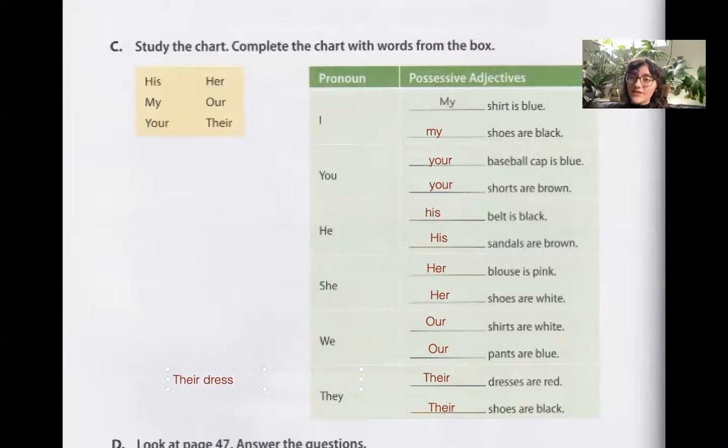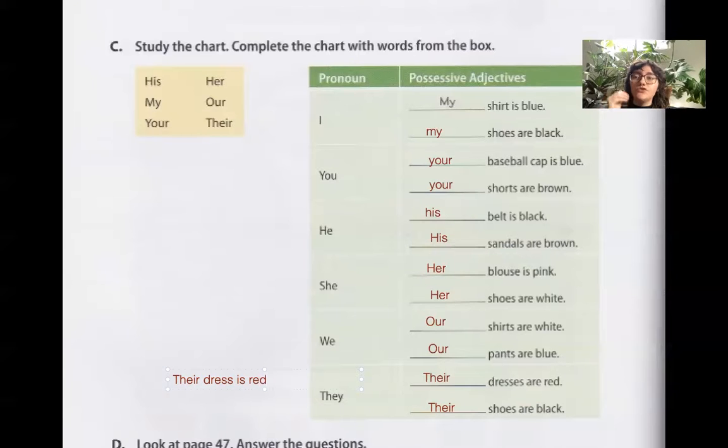And this is the kind of tricky part that might be confusing to you because you learned it one way. We can say their dress is red. So this is the hard part, is that it seems like you're breaking a rule, but you're not really, because you use their as a third person singular.